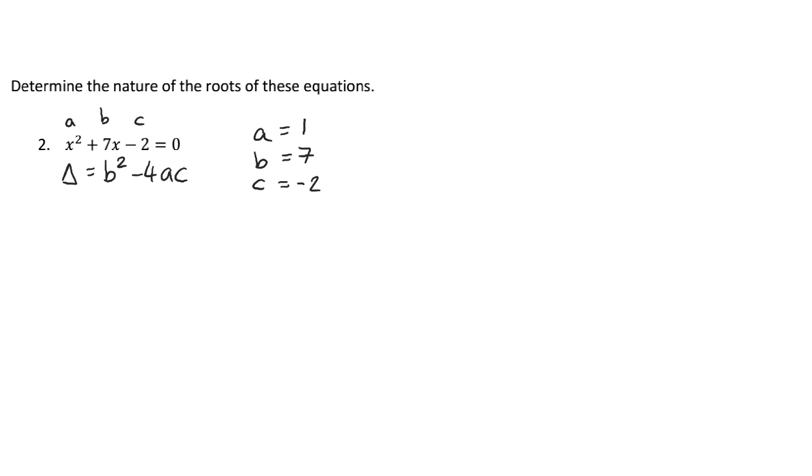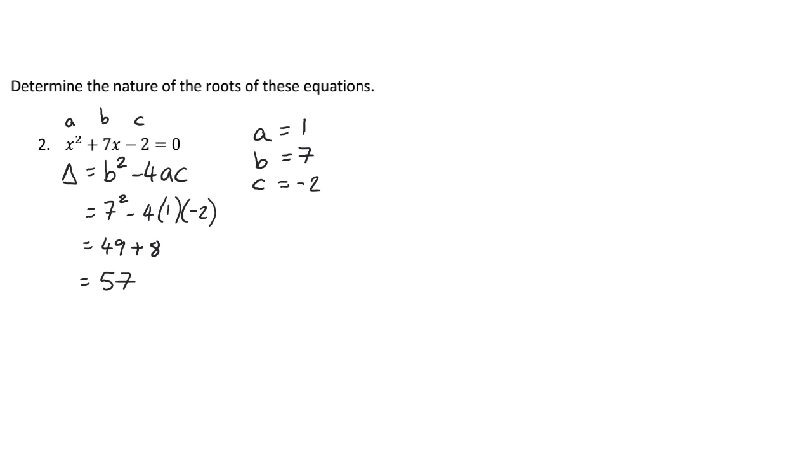Remember, we always include the operation in front of the number. So I've got 7 squared, subtract 4 times 1 times negative 2, which is going to be 49. Negative 4 times 1 is negative 4. Negative 4 times negative 2 is positive 8. So this time I'm left with 57.